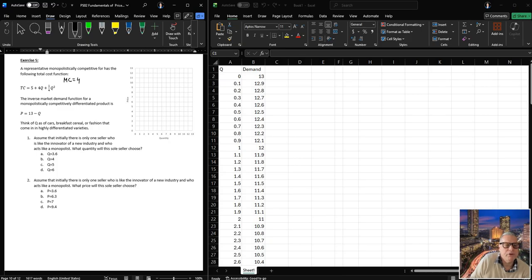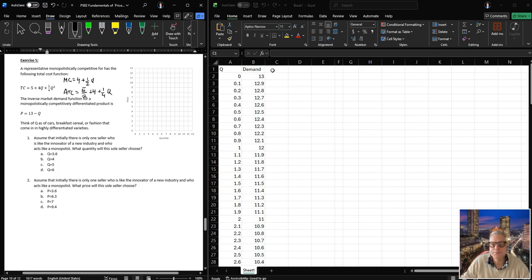Now we have 4, and here we get 2 times 1/4 Q, which is 1/2 Q, that's a plus. Okay, and average total cost is total cost divided by Q, so here we get 5 over Q plus 4 plus 1/4 times Q.